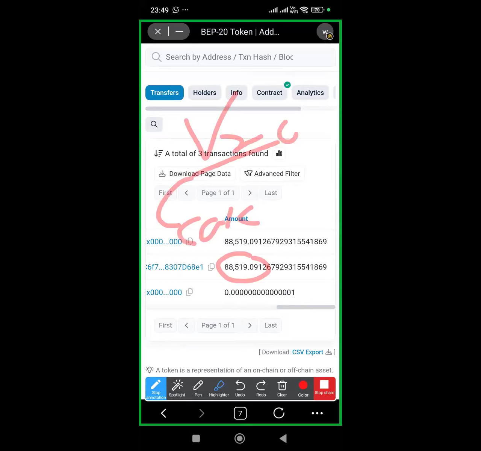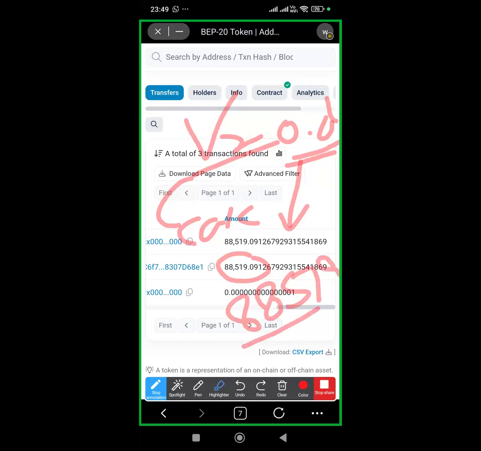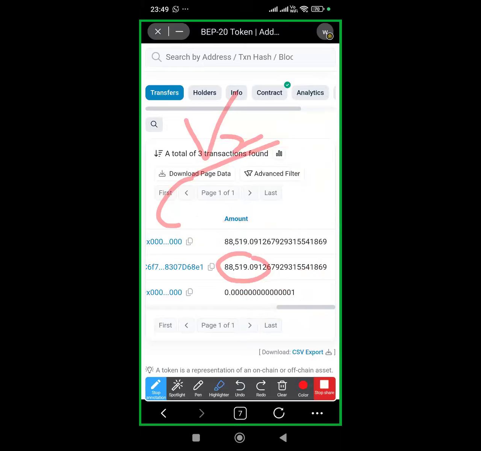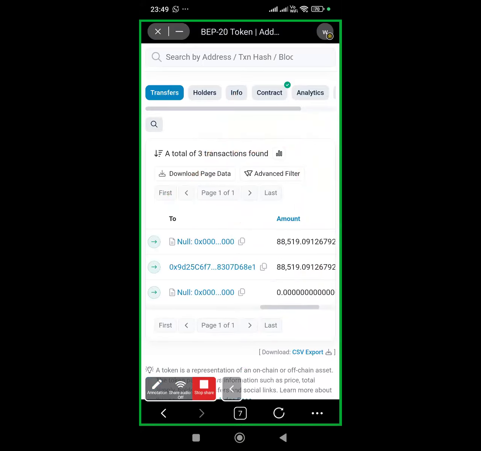Suppose the price started from $0.01 when he put liquidity. According to this, as the money he put was 8,900, he received 88,519 tokens. This was the Cake LP. So this Cake LP, I want to tell you the honesty: if the owner were not honest, he could keep this Cake LP because he put the money.